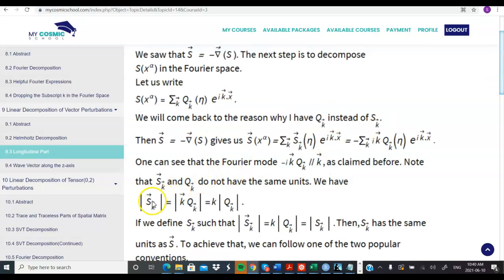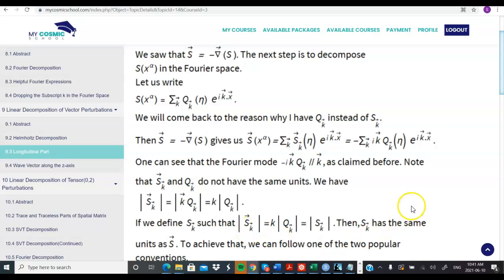Let me define this scalar sk, whose magnitude, whose absolute value, is the same as the magnitude of vector sk.